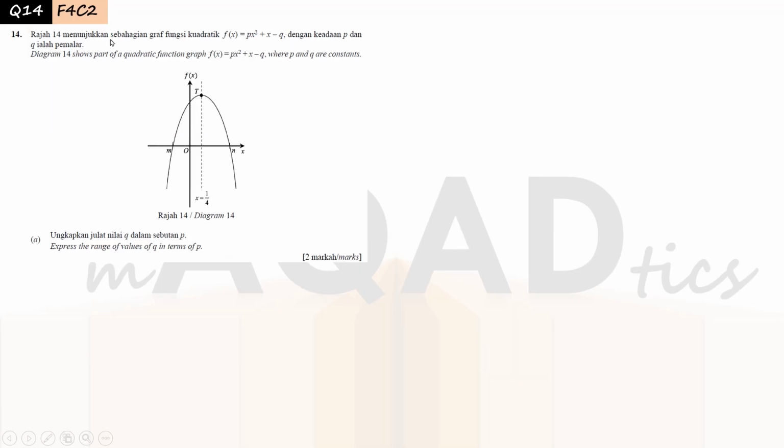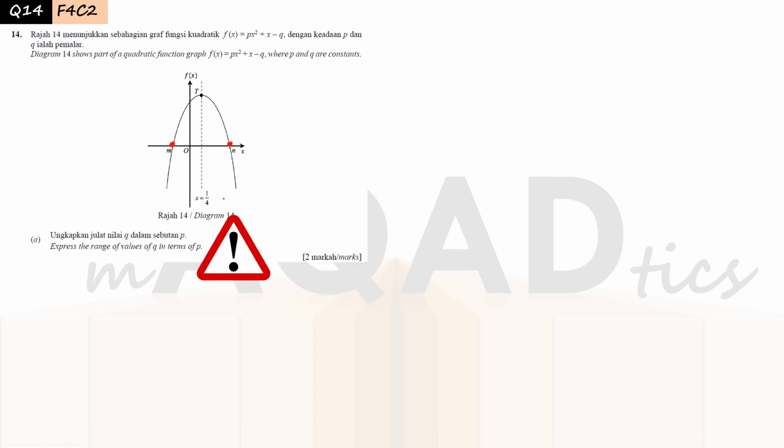Question 14 focuses on quadratic functions. So let us understand this graph a bit. Here we have this function, and we see that this curve intersects the x-axis at 2 points, which are m and n. And we have the axis of symmetry of this curve, which is x equals 1 over 4.